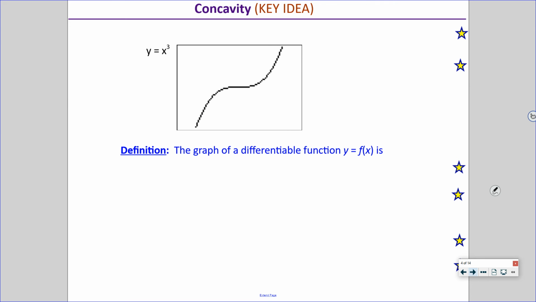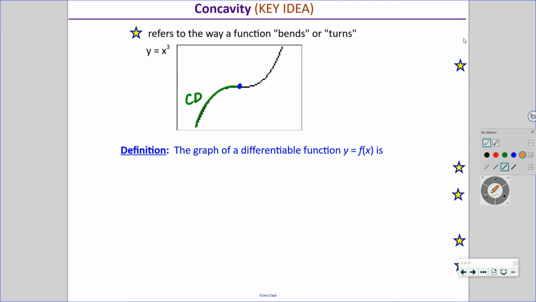Okay, I like this visual too. The way that it makes the most sense in my head is that concavity tells us how a function bends or turns. So if I look at just my basic polynomial cubic function, we can see from here to here would be concave down, like a frown. Now we have something interesting going on here where all of a sudden it switches. Orange again, and now it's concave up.